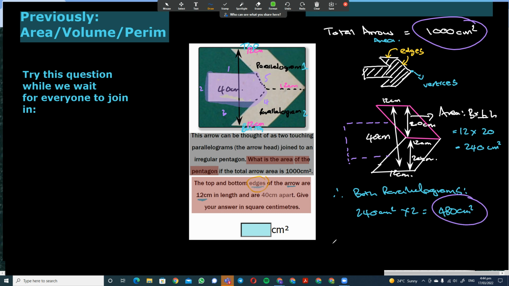So the area of my pentagon will be 1000 minus 480, and it'll come to 520 centimeters squared in total.